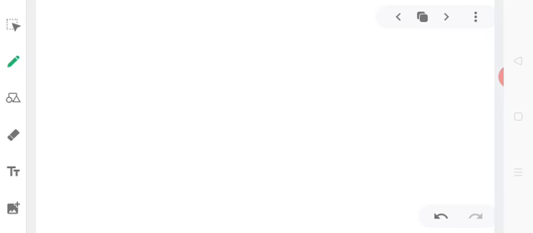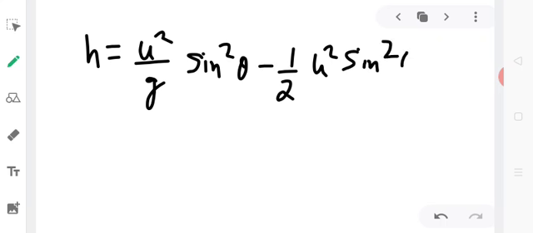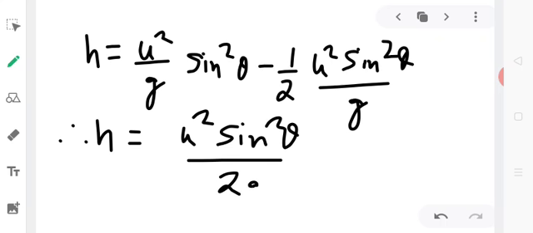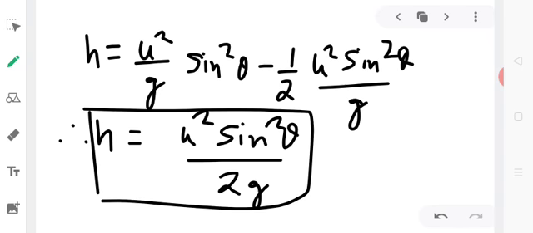So now we get h equal to u square by g sin square theta minus half u square sin square theta by g, and on solving we get h equal to u square sin square theta by 2g. So this is the expression for maximum height.